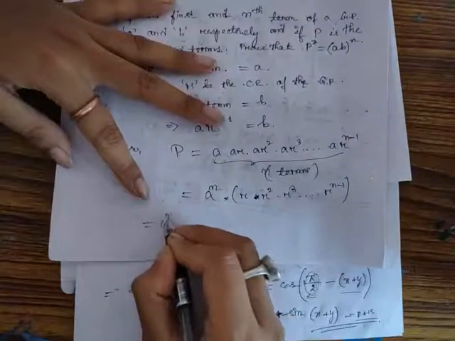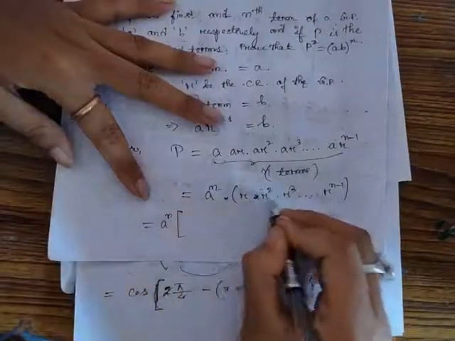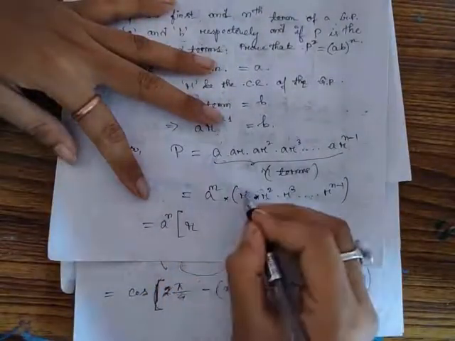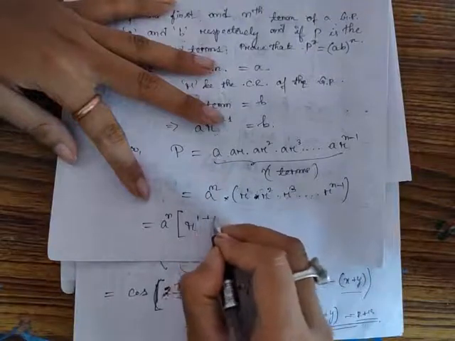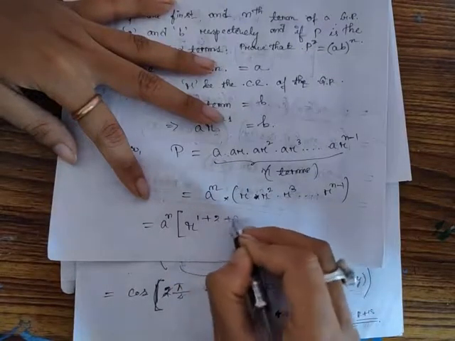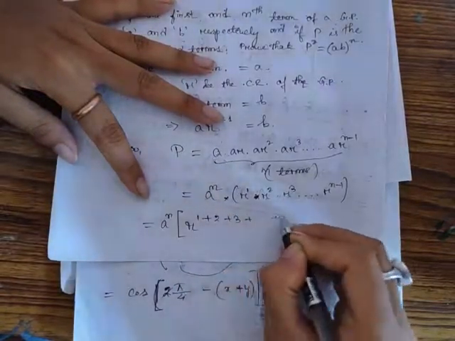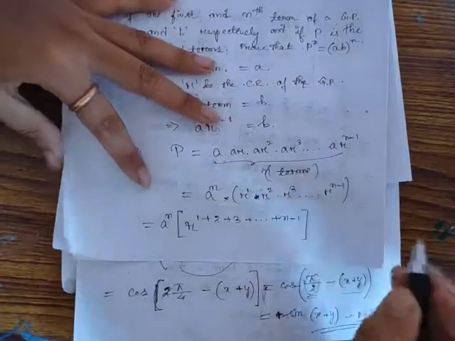Next, a to the power n, all these r bases are same so the power will be 1 plus 2 plus 3 plus up to n minus 1.